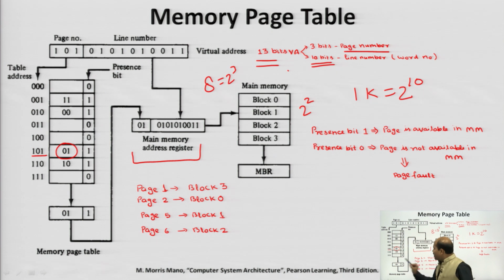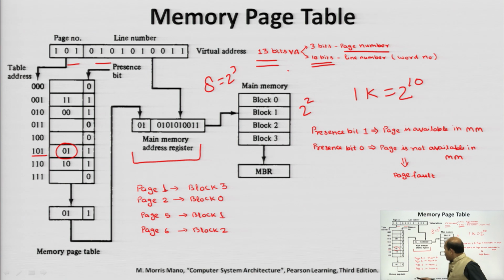So 01 will be appended or concatenated with the line number which is coming from this location. So this is virtual address divided in 2 parts, page number and line number. Line number will be copied as it is and concatenated with the output of this page table to get the actual physical address.